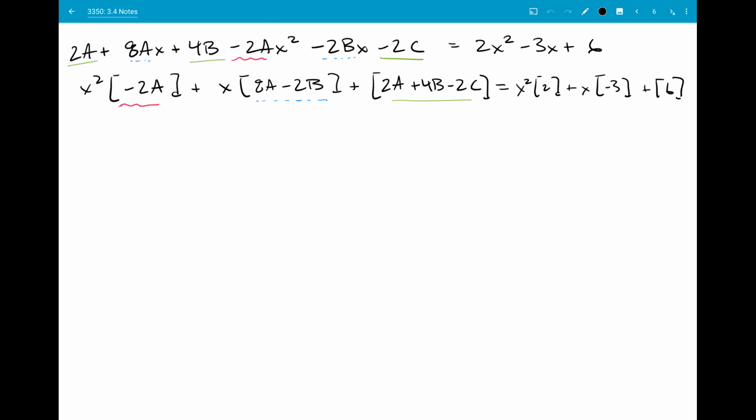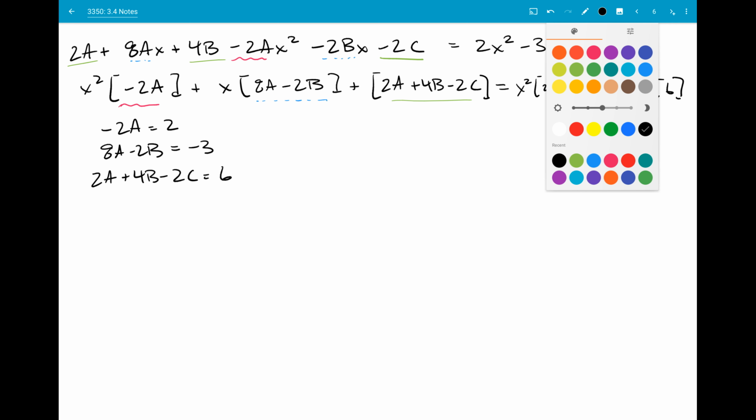So for us, what that's going to be is I want to have minus 2a is equal to 2. 8a minus 2b is equal to minus 3. And 2a plus 4b minus 2c is equal to 6.